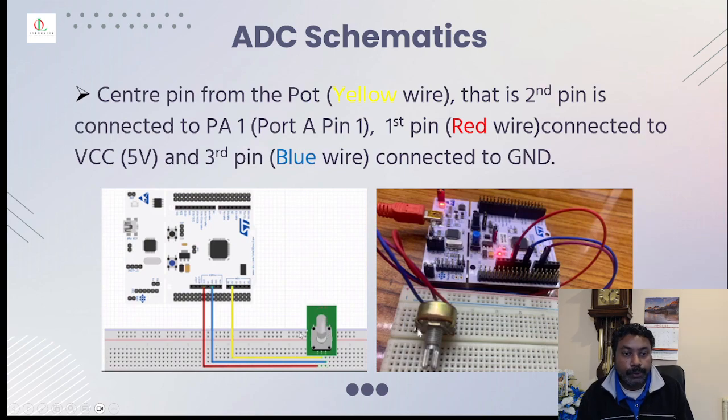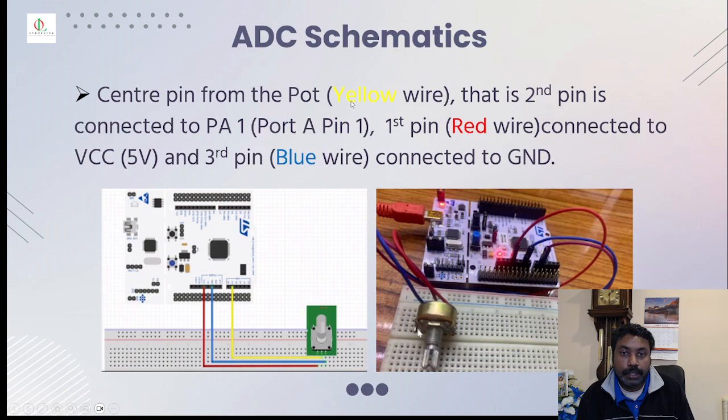So you need only 3 wires and this potentiometer. In real life, this is a variable potentiometer, and you need 3 wires to connect these 3 pins. So that's what is explained.